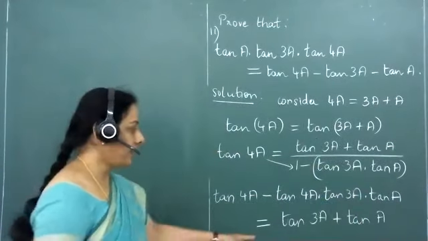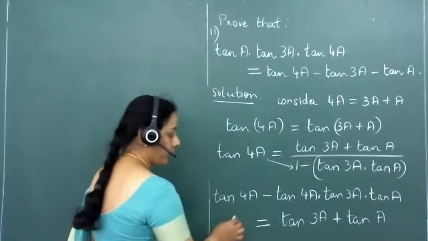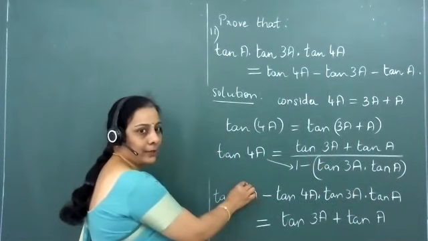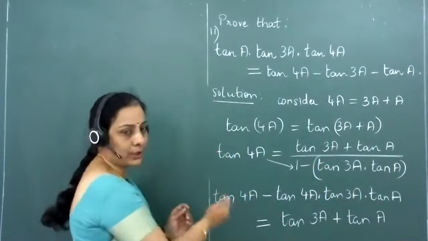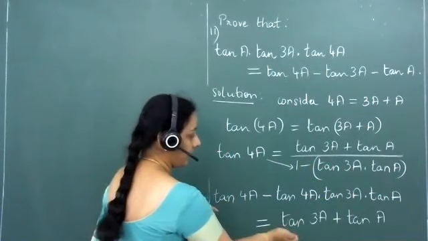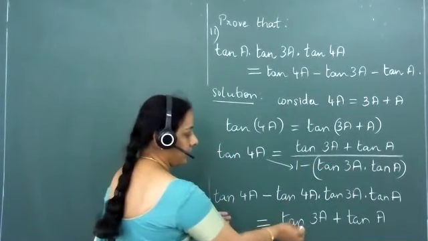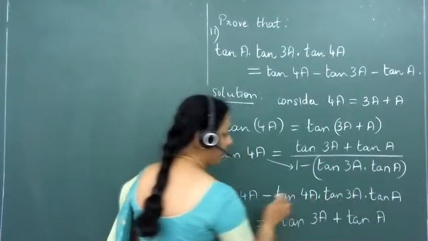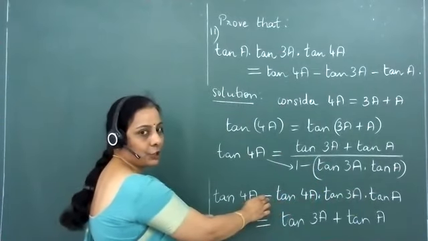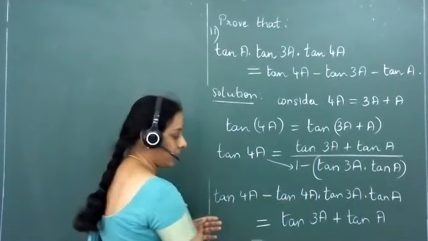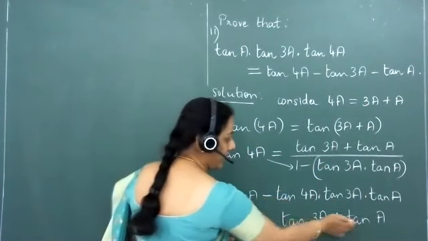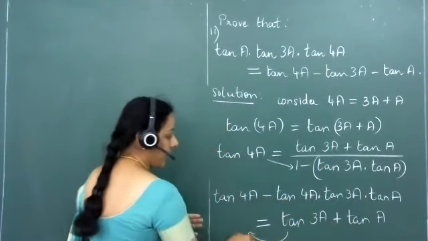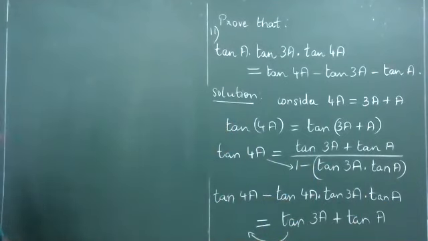Now in the next step, we are going to shift tan 4A from LHS to the RHS. Tan 4A into tan 3A into tan A will be shifted from the LHS to the RHS. Tan 3A plus tan A will be transposed to the LHS. So what do we get now with that?